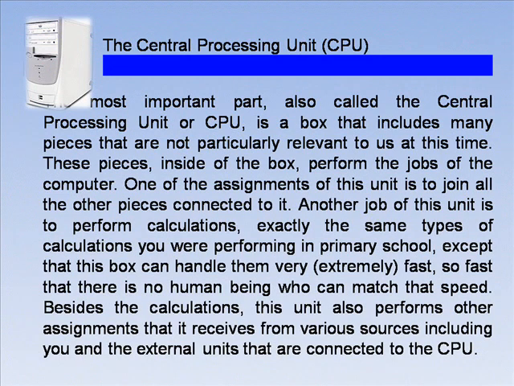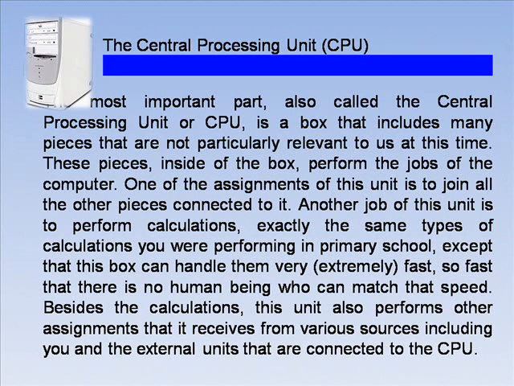The Central Processing Unit, sometimes called the CPU, is a box that includes many pieces that are not particularly relevant to us at this time. These pieces inside of the box perform the jobs of the computer. One of the assignments of this unit is to join all the other pieces connected to it.